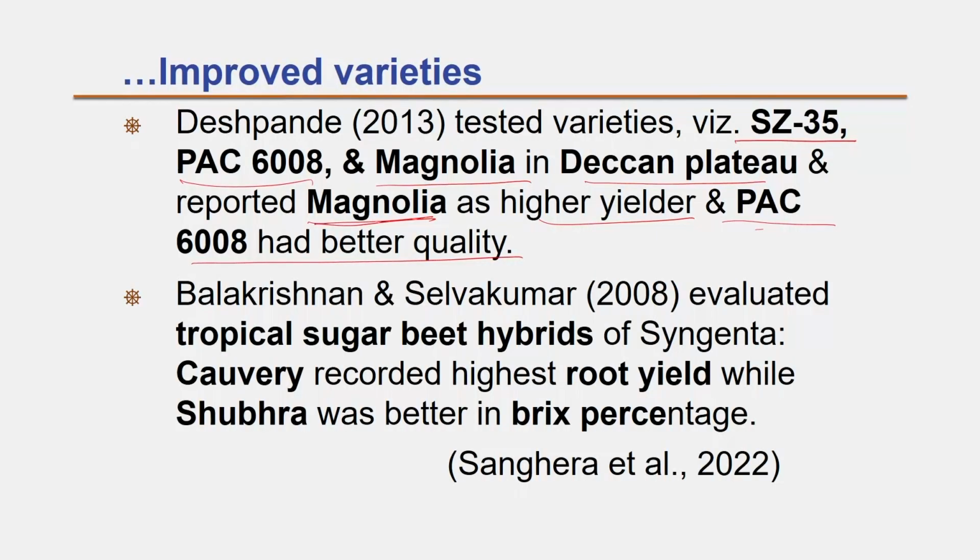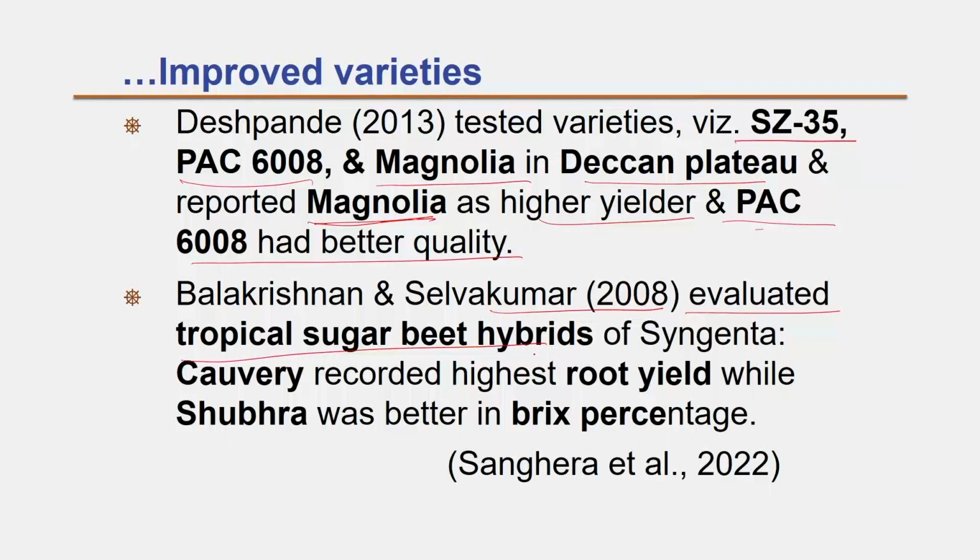Balakrishnan and Selva Kumar in year 2008 evaluated tropical sugar beet hybrids. Tropical sugar beet hybrid means the hybrids which can be grown under higher temperature conditions. And they were developed by private company Syngenta. And Kaveri recorded highest root yield, while Shubhra was better in Brix percentage.